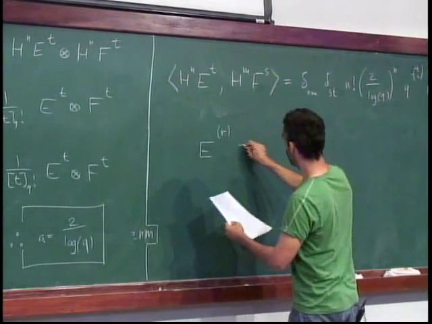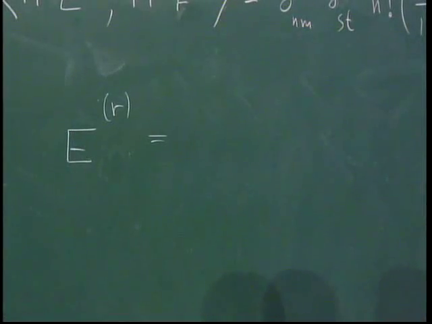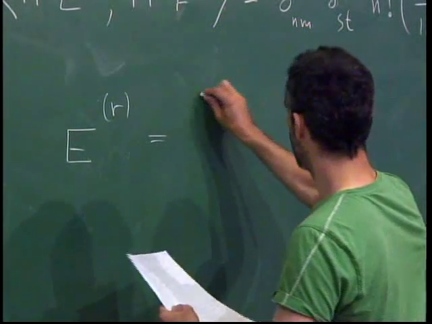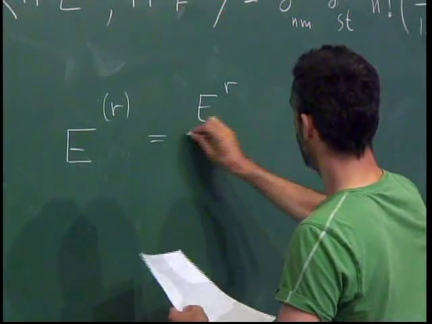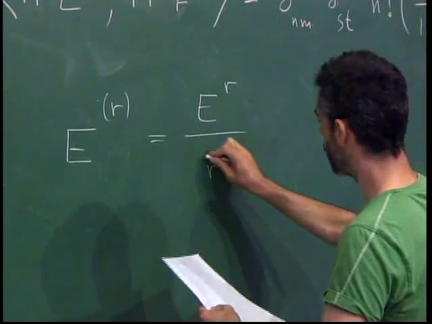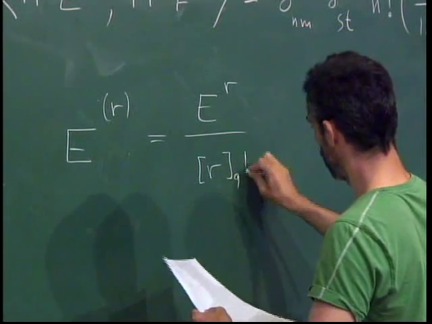You introduce new elements that are divided powers, e to the r divided by r factorial.